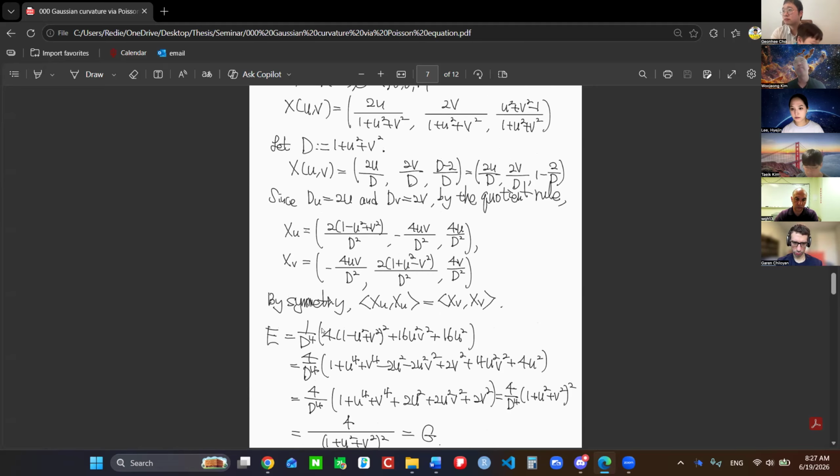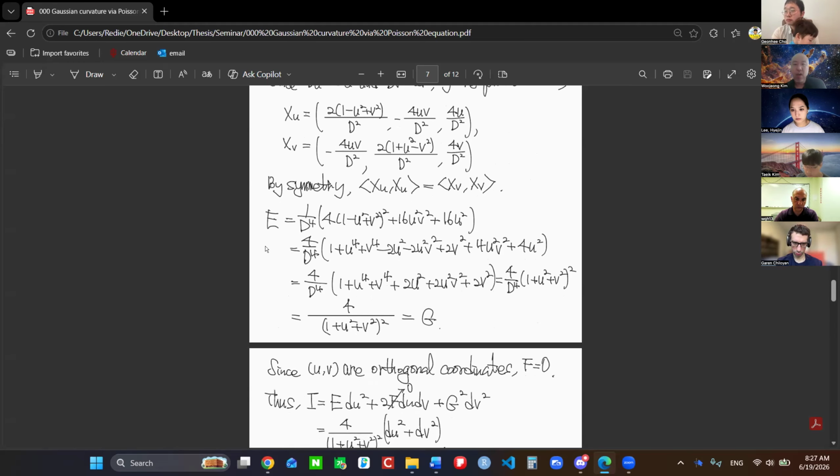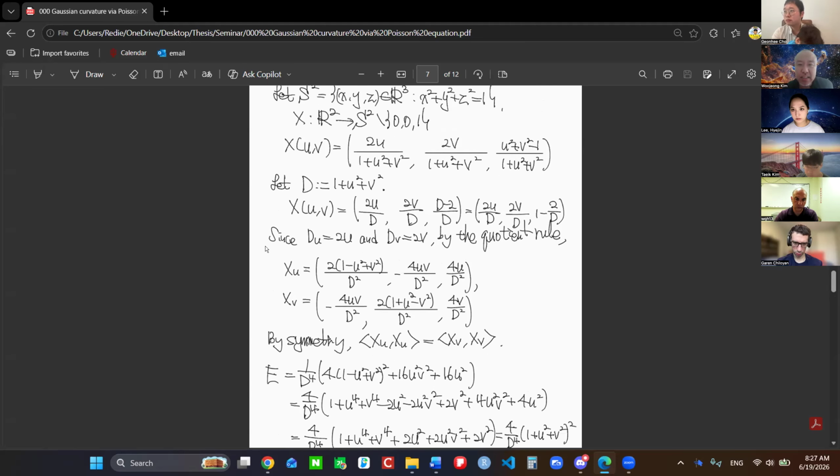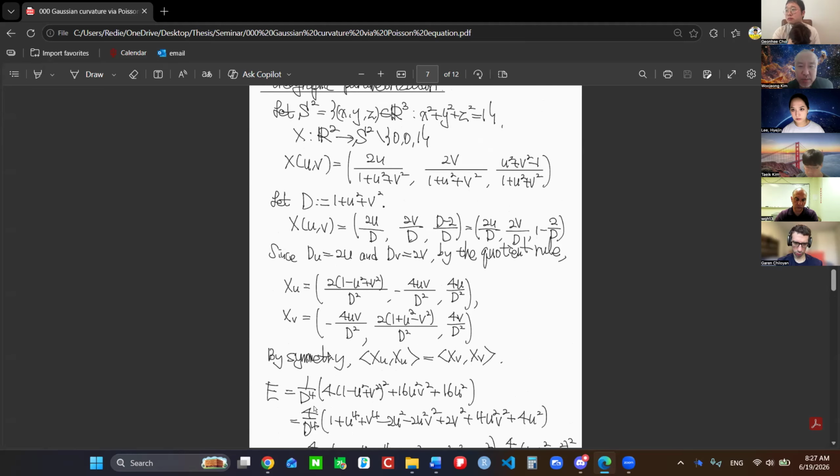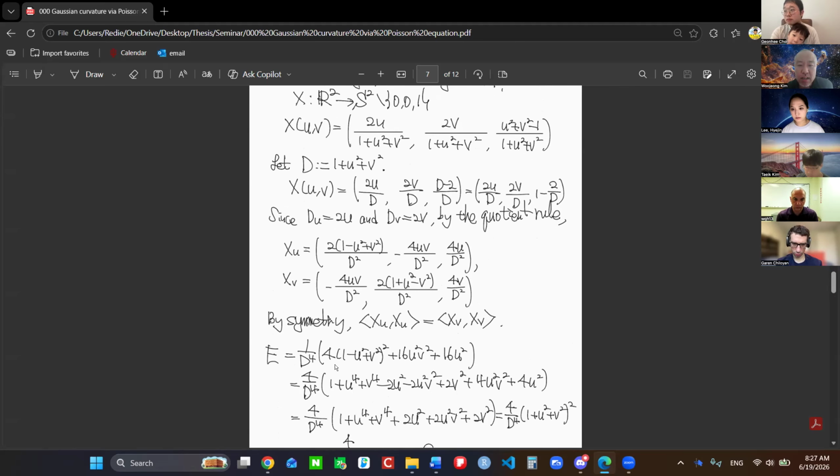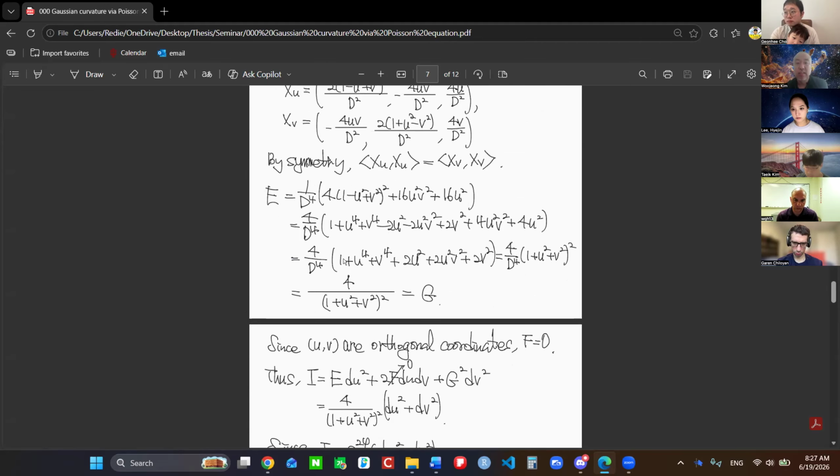So the large E is 1 over d to the 4, and the term is too long. So 4 times 1 minus u squared plus v squared, the square, plus 16 u squared v squared plus 16 u squared. And then we can factor out 4. And we can expand this one.